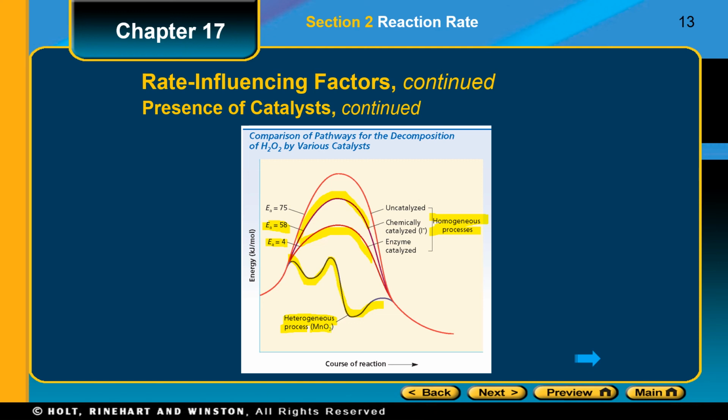Manganese dioxide is a black powdered solid, and when we dump it into the hydrogen peroxide, you'll notice that it immediately begins decomposing, and it follows an entirely different energy pathway than the other catalyst did. And so the activation energy is much lower than even the enzyme one.